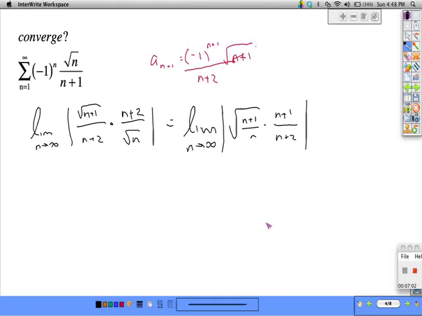And as n goes to infinity, what we're left with is the square root of 1 times 1, which is equal to 1. So this ratio test is inconclusive.